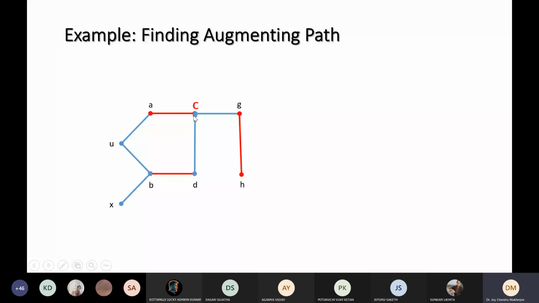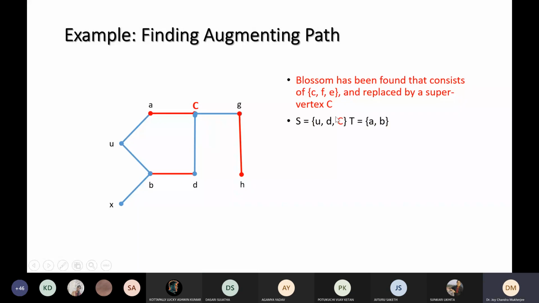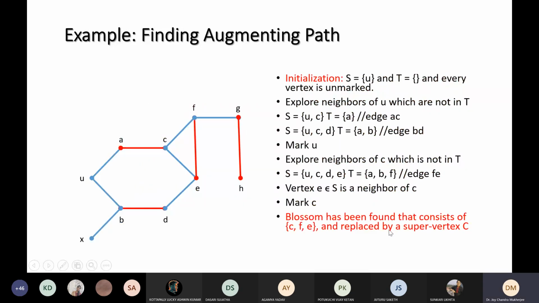Now what happened? A blossom has been discovered which consists of C, F, E and is replaced by a super vertex C. At the same time, when the super vertex is discovered, we update the set S and T. So we remove C and E from S and F from T, and this super vertex is introduced here. यहाँ पे क्या होगा? Earlier C and E will be removed and capital C will be inserted.